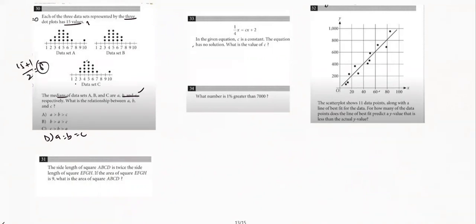So wherever the 8th value lies: 1, 2, 3, 4, 5, 6, 7, 8. So the median is 5. Median 5 for each. Option D.